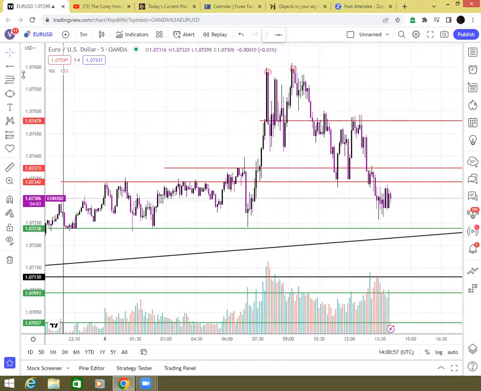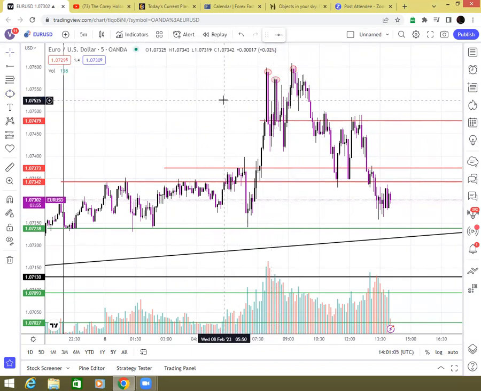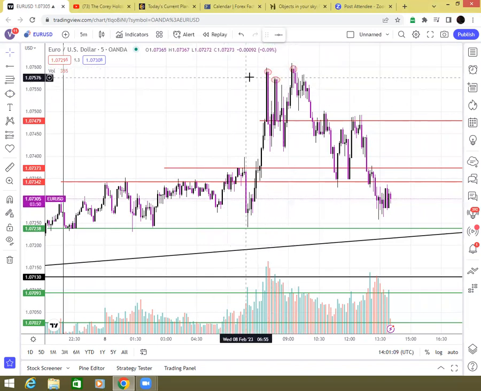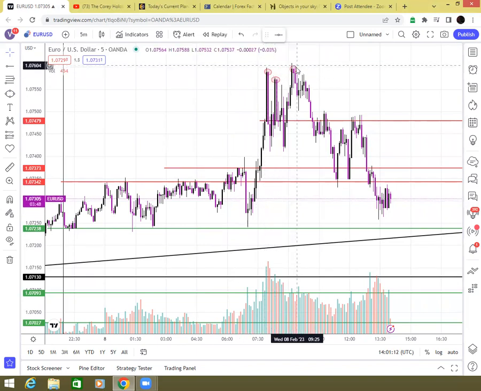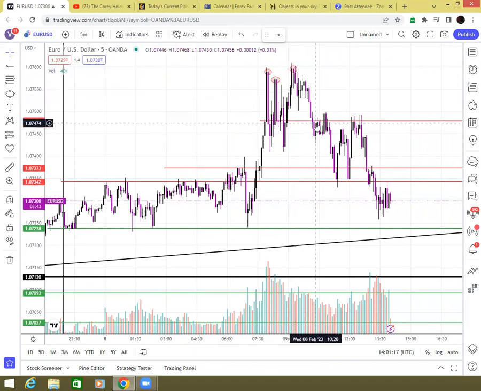So we can say that's a double top, but I'm going to count this one too, and bang. So this is a prime example of a triple top. One, two, three, and from this one, that's when this started. So we got a triple top right there, and we can always sell off the triple top.